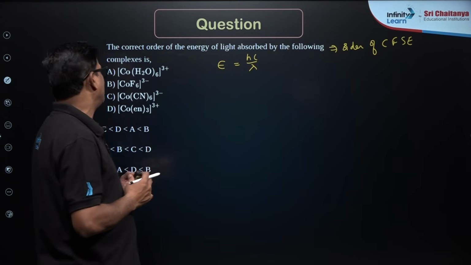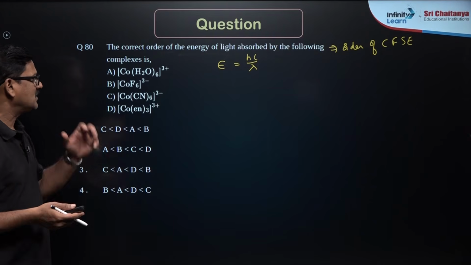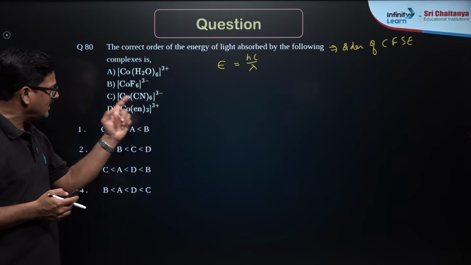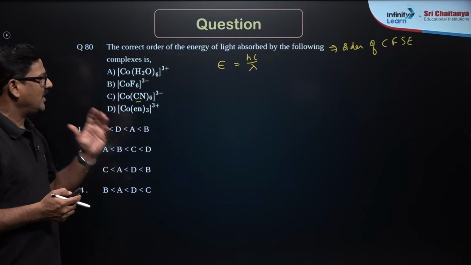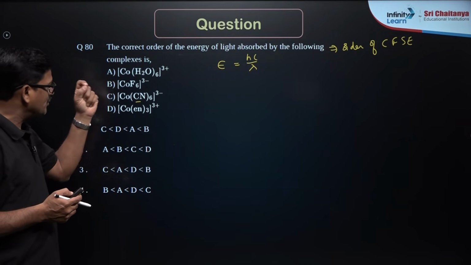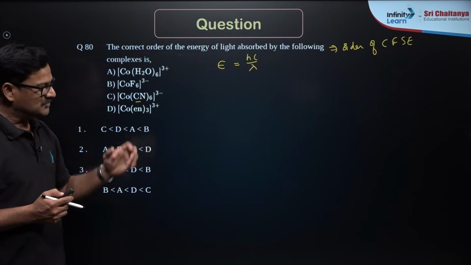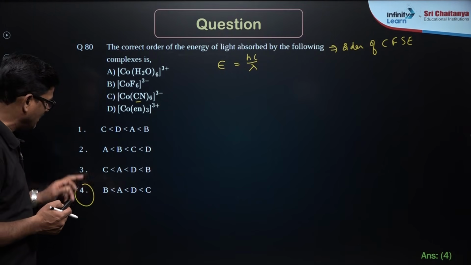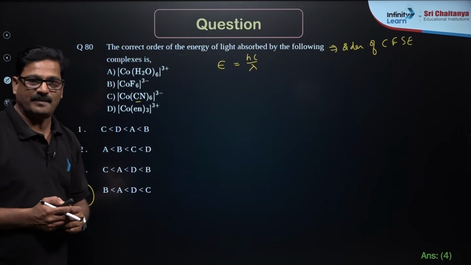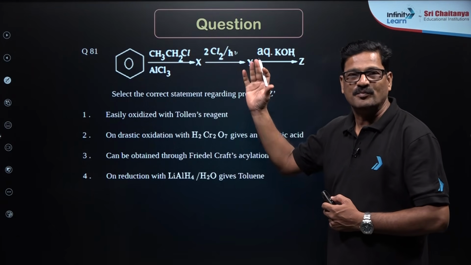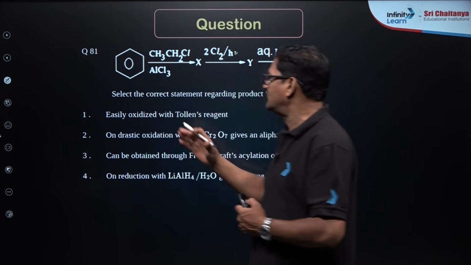Then the strength of the ligand: among the ligands you can see cyanide is the strongest ligand, then en, then H2O, and the least is F minus. So the answer for this question is going to be C is greater than D is greater than A is greater than B.